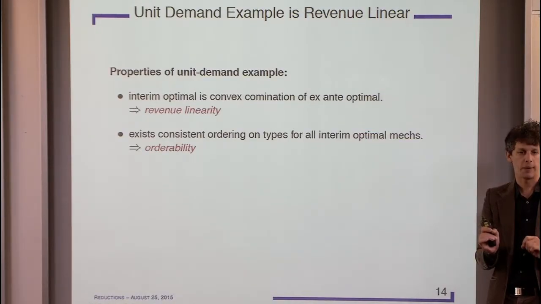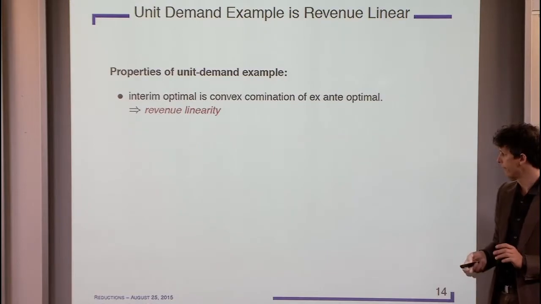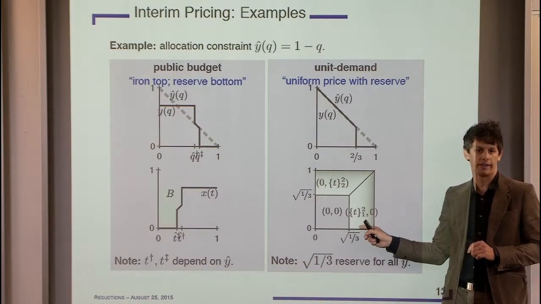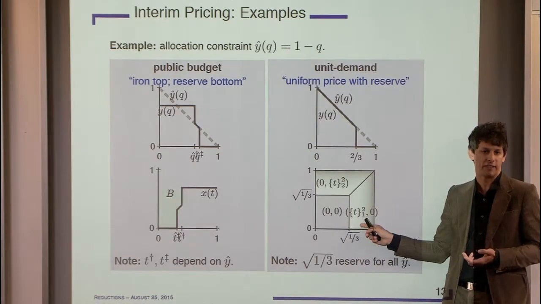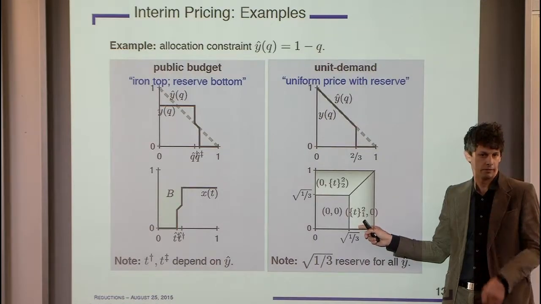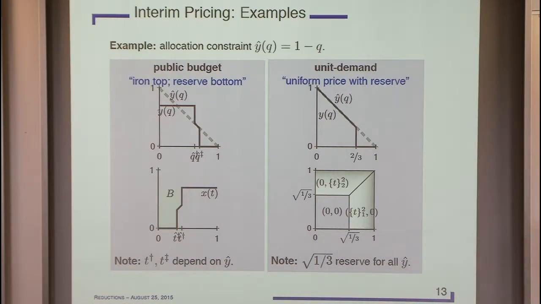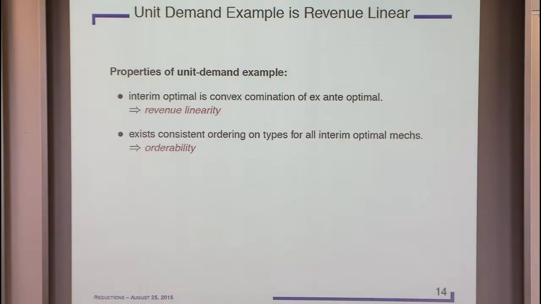There's one ordering on types that's always the ordering. And in fact, that ordering is kind of obvious to see. You want to order them by their highest coordinate because that tells you when they're going to win or not, because they're all basically competing in this auction for who's got the highest favorite item. Okay, so I'm calling that second property orderability, when every single agent's interim mechanism has the same order on types.